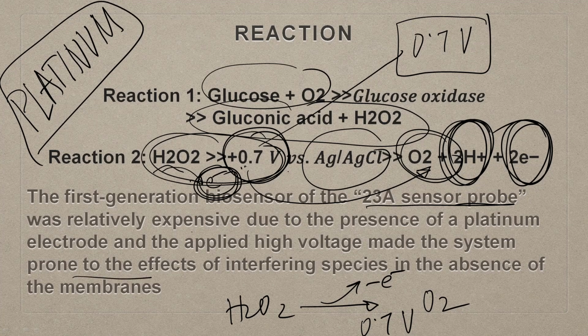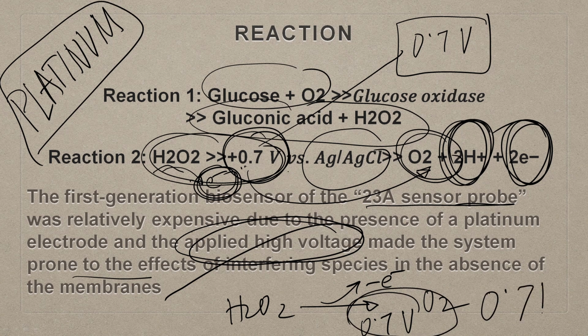Further, the presence of the platinum electrode and the applied high voltage, when we talk about the applied high voltage, we are talking about 0.7 volt, made the system prone to the effects of interfering species in the absence of membrane. Now, 0.7 volt leads to generation of other interfering species which get degenerated at that particular voltage.